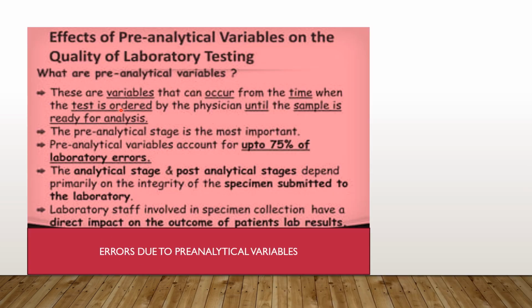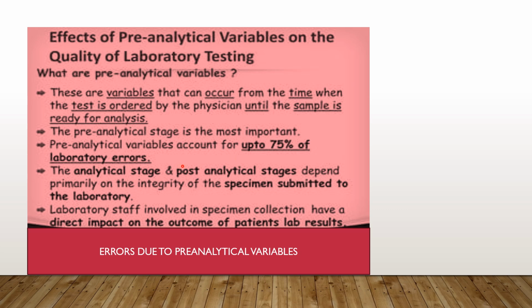Now, what can be the effect of various pre-analytical variables on the quality of laboratory testing? We'll see in detail. We have already discussed what the pre-analytical variables are. These variables can occur from the time when the test is ordered by the physician until the sample is ready for analysis. In the pre-analytical stage, the most important components are right from patient preparation to sample collection and their transportation.